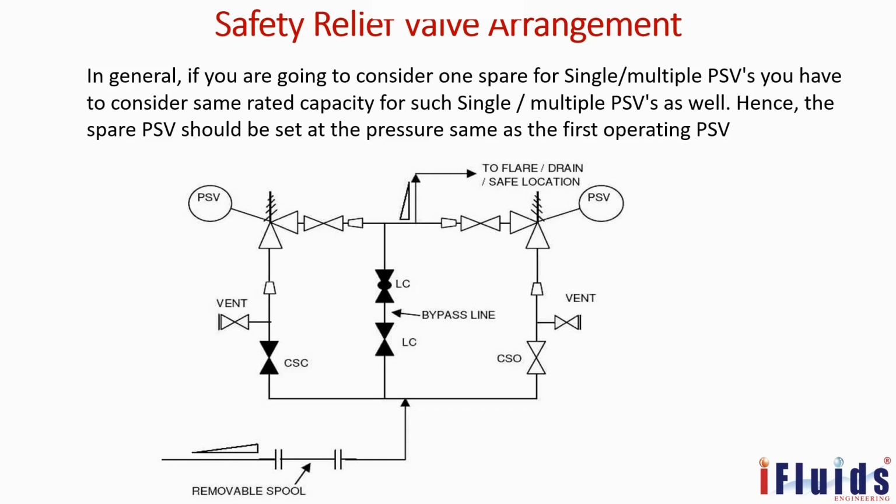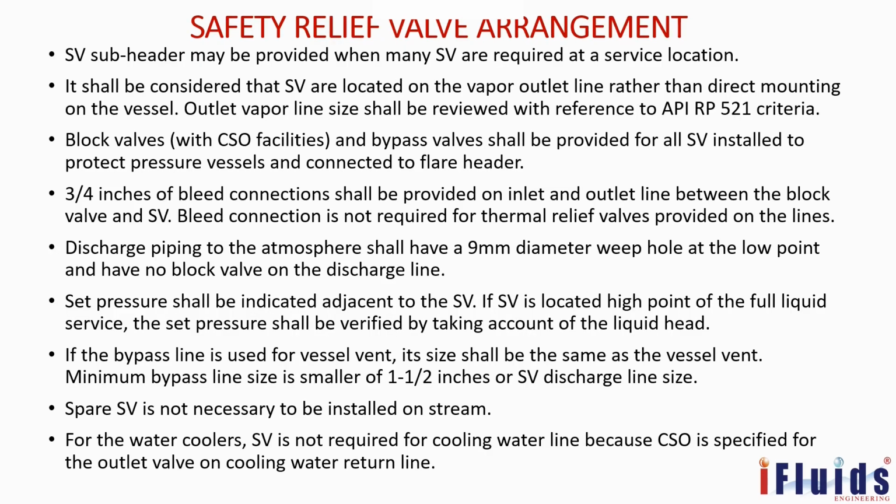But when we are taking this standby SV on line, once you open this down valve, immediately it should come in line. Otherwise, if it is taking time to open the discharge valve also, there is a possibility of discharge during that time. That's why one valve is closed, the upstream is closed, downstream is open. This is a safety valve arrangement. We have to mention accordingly in our P&ID.